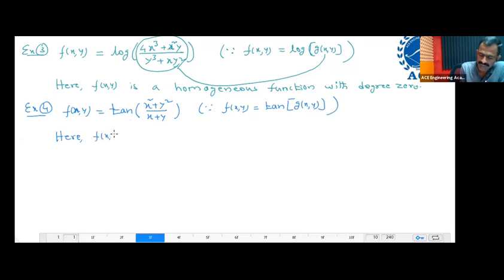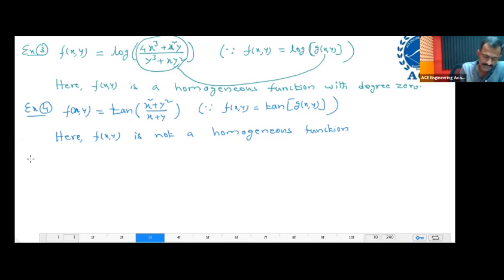Here f of x comma y is not a homogeneous function, because the inner function is not a homogeneous function with degree 0. The inner function is homogeneous, but not degree 0. It is degree 1. For any transcendental function, if the inner function is degree 0, then only this will be homogeneous with the degree 0. Otherwise, not a homogeneous function.